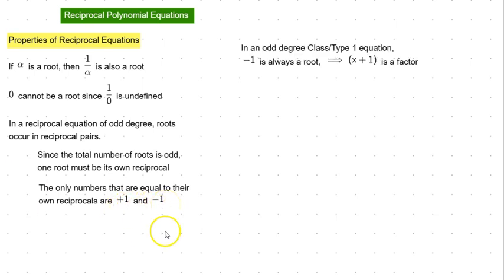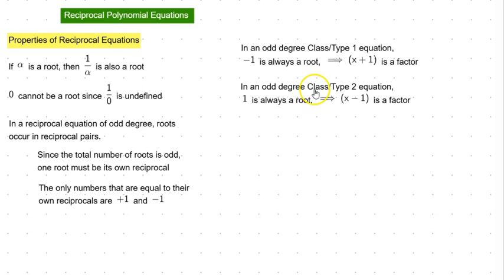So based on this, there are certain additional inferences we can draw. In a type 1 equation of odd degree, minus 1 is always a root, which implies x plus 1 is a factor. In an odd degree type 2 equation, 1 is always a root, which implies x minus 1 is a factor.